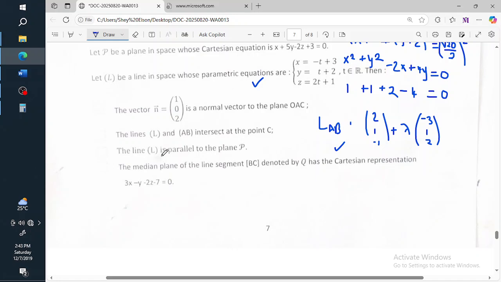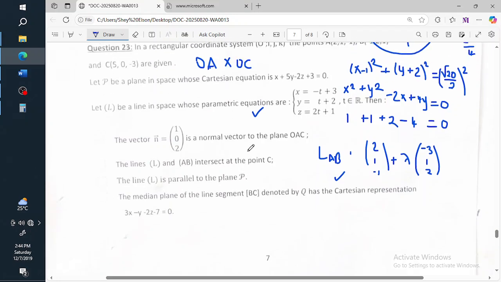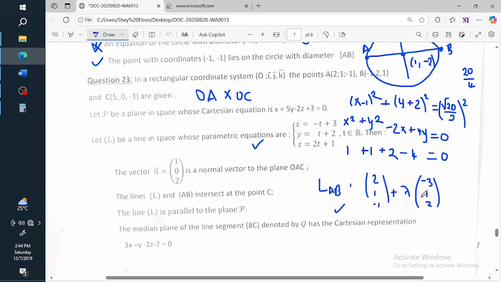Then the option says the line L is parallel to the plane P. This is our plane P, our line L. Remember that, wait. For a line to be parallel to a plane, the direction vector of the line should be perpendicular to the normal vector of the plane. So write it down.